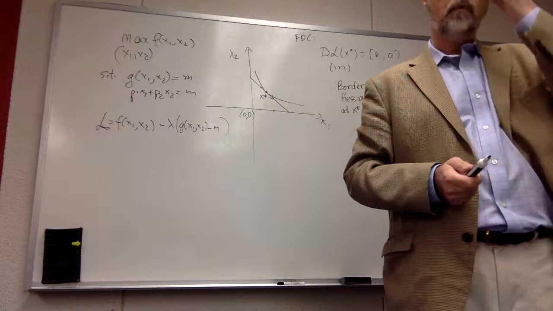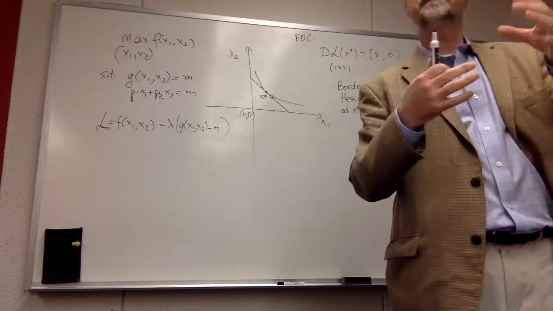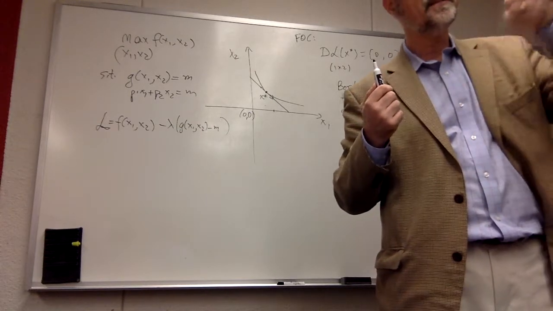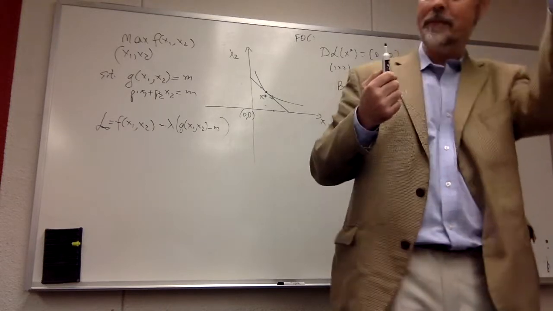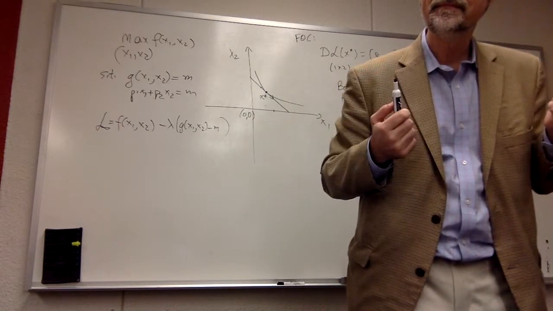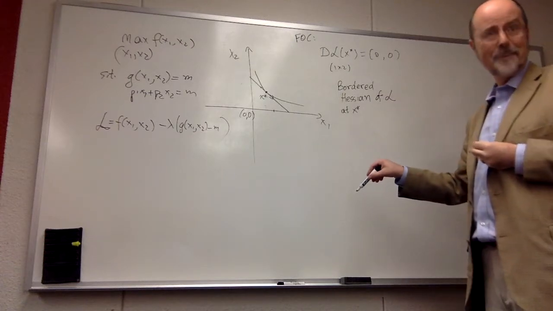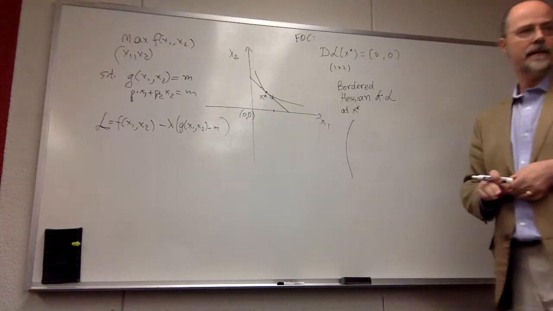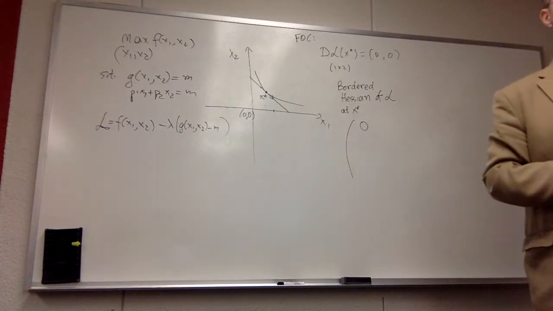In this case, 1. Add these two numbers. This is how many arguments your Lagrangian has, right? Because the Lagrangian has the x1 argument, the x2, and the lambda for the Lagrange multiplier. So make yourself a 3 by 3 matrix. All right? And start it over the simplest possible way, 0.